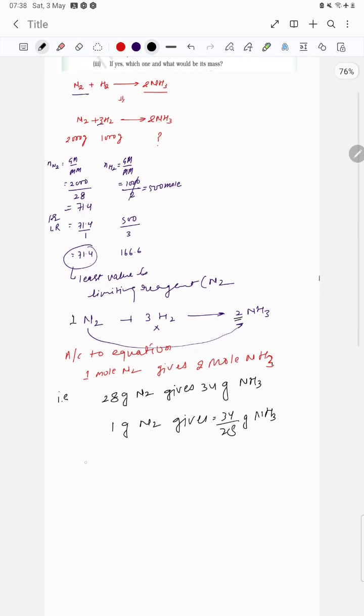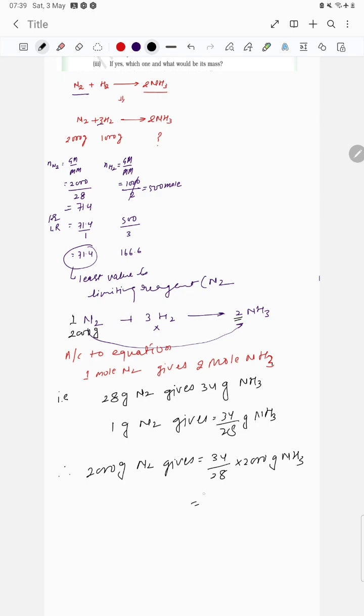Therefore according to the available amount, how many gram have they given, student? They have given 2000 gram. Therefore 2000 gram N2 gives how much, student? So here it is 34 by 28 multiplied by 2000 gram NH3.